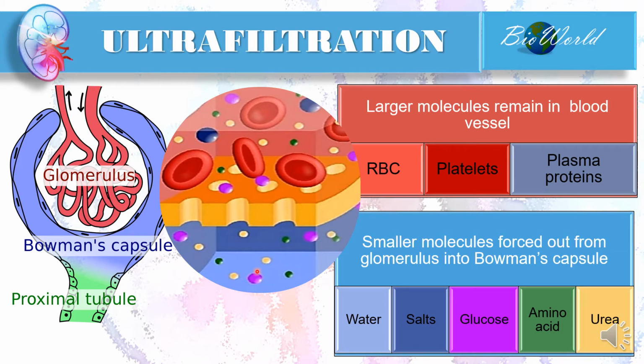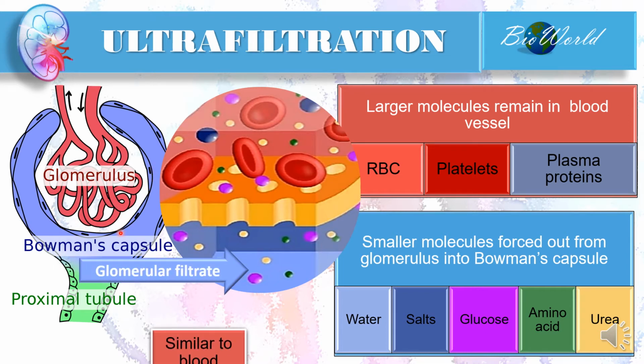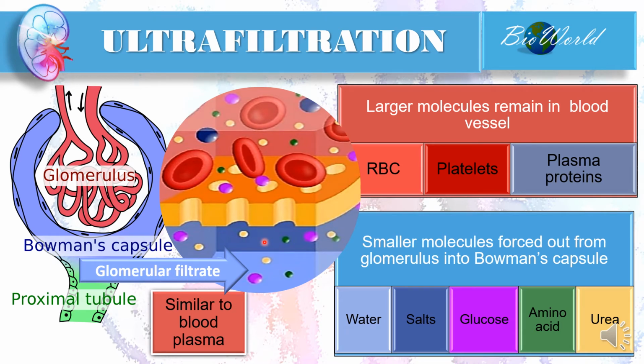These smaller molecules will then move down into the Bowman's capsule due to the presence of the podocytes on the inner wall of the Bowman's capsule to form the glomerular filtrate. The content of the glomerular filtrate is similar to that of the blood plasma. Only thing, the larger molecules are not present in the glomerular filtrate.